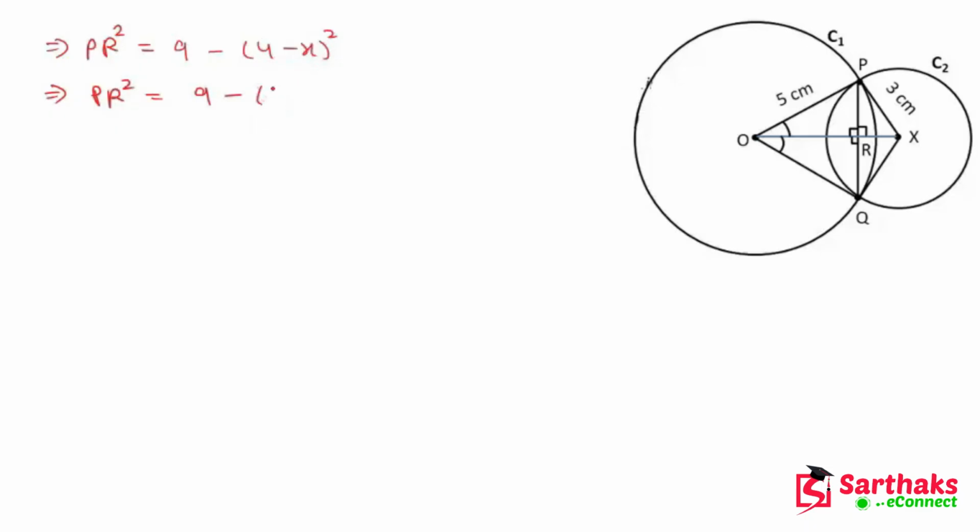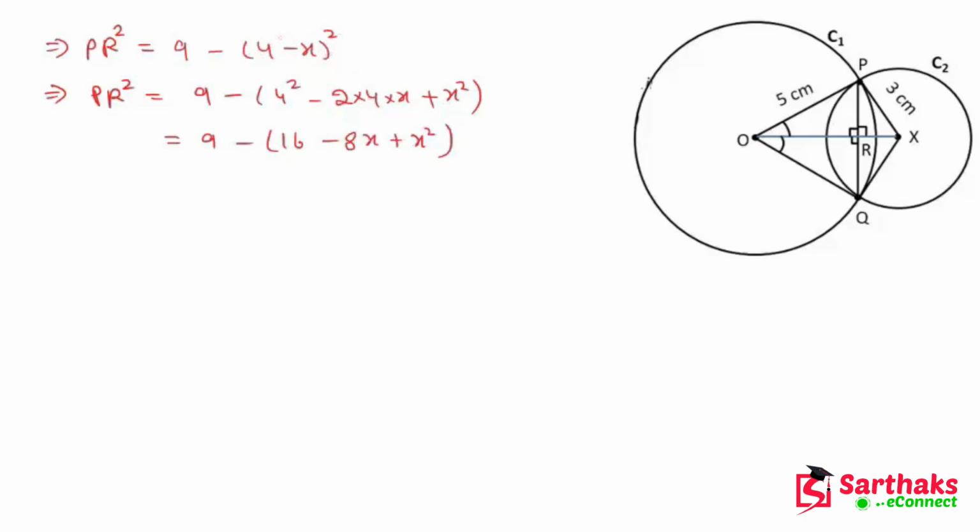So here we get 4 square minus twice of 4 into X plus X square. Okay, so here we get 9 minus, 4 square is 16, minus 2 into 4, 8X, plus X square.